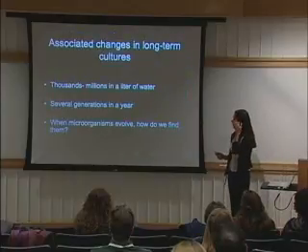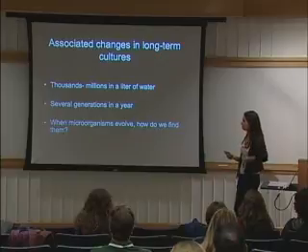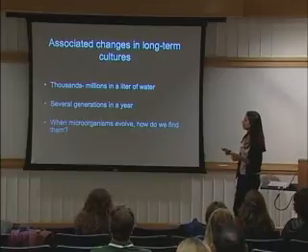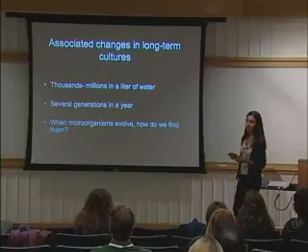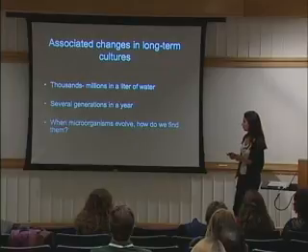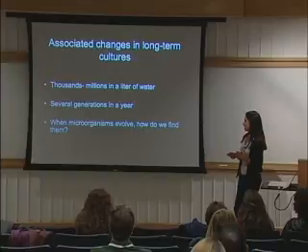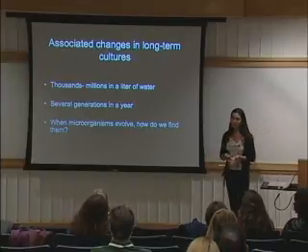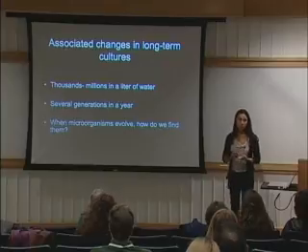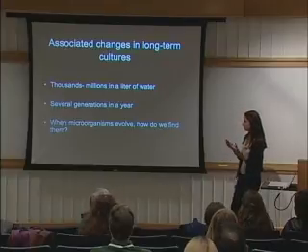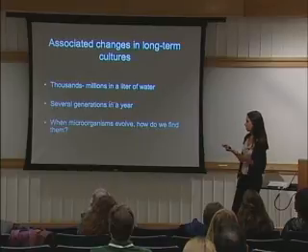So in terms of long-term incubation experiments, what happens in the oceans with respect to what happens in a bottle where you're growing your phytoplankton? You probably have several million organisms in a liter of water during bloom conditions, and then you have several generations in a year.